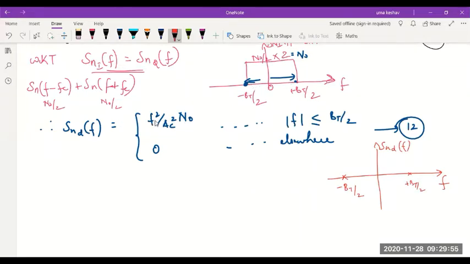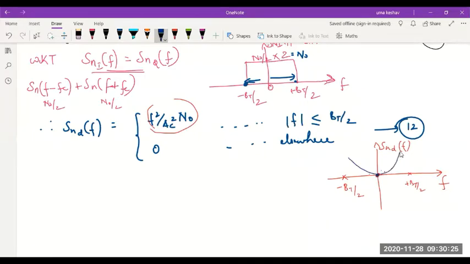And how do I plot? At zero frequency, based on this equation, the value is 0, right? When f becomes 1, it will be 1 by A_c square into N naught, maybe somewhere here. When it is 2, it will be 2 square. So what kind of curve will you get?